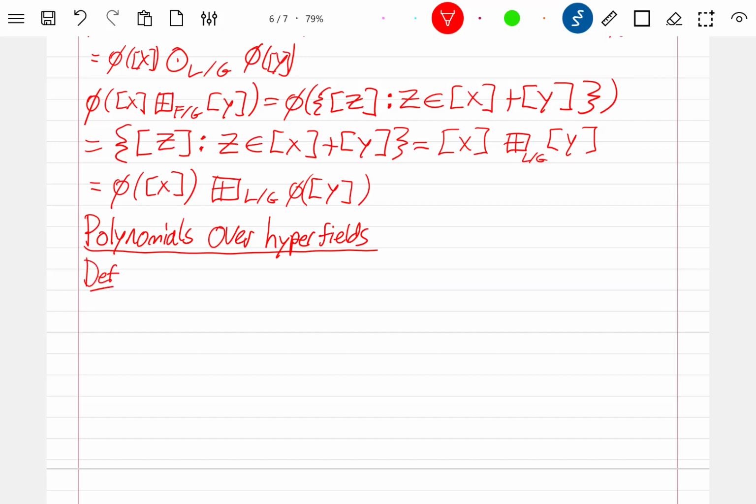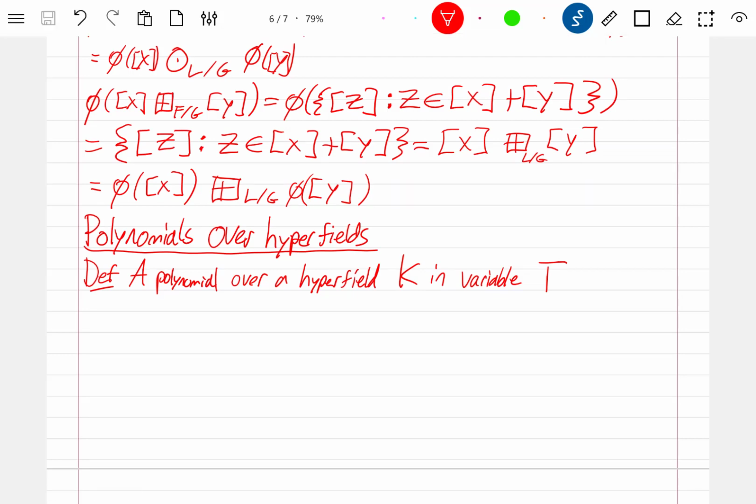So let's define this. A polynomial over a hyperfield K. I use capital T for my variables for polynomials over hyperfields. I will be using X for my variables over fields.